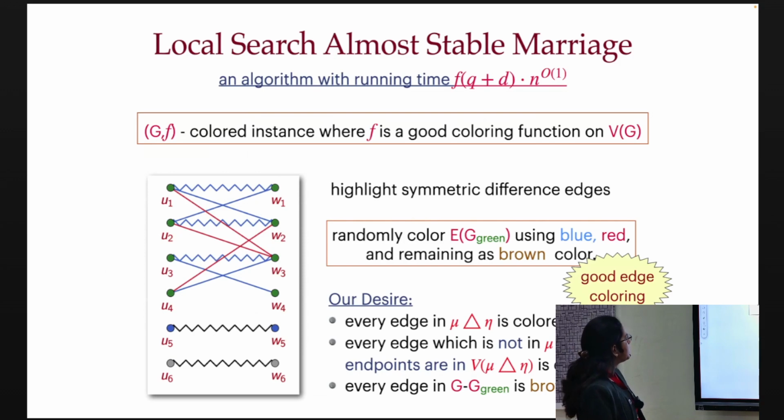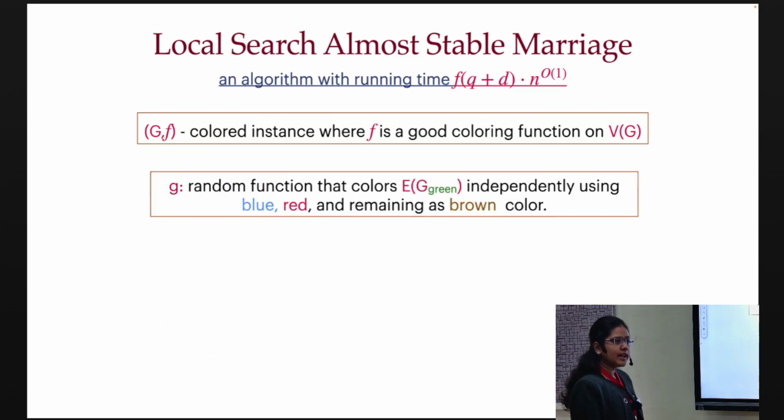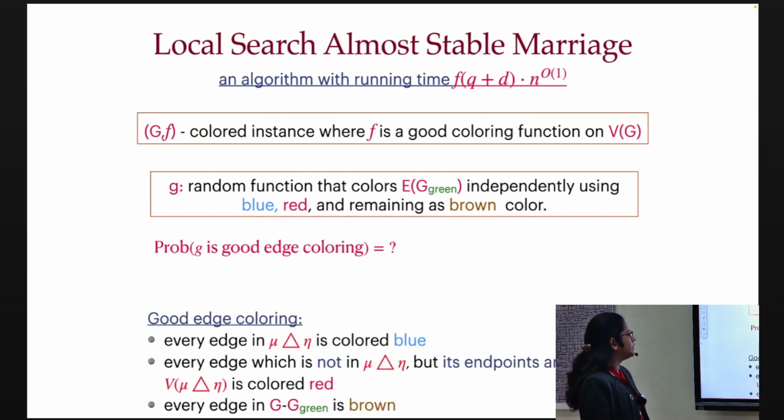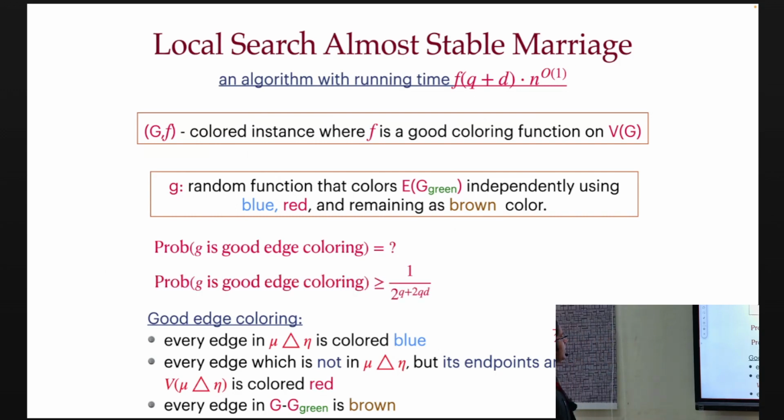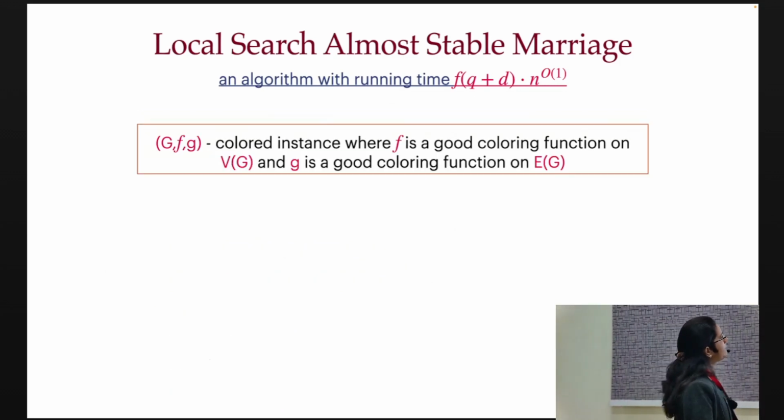Now I will assume that my GF is a good colored instance and my G is also good coloring. Now what is the probability that G is a good edge coloring? I think this is simple probability computation, you can do it. Because Q is the number of symmetric difference edges, it will happen with this probability.